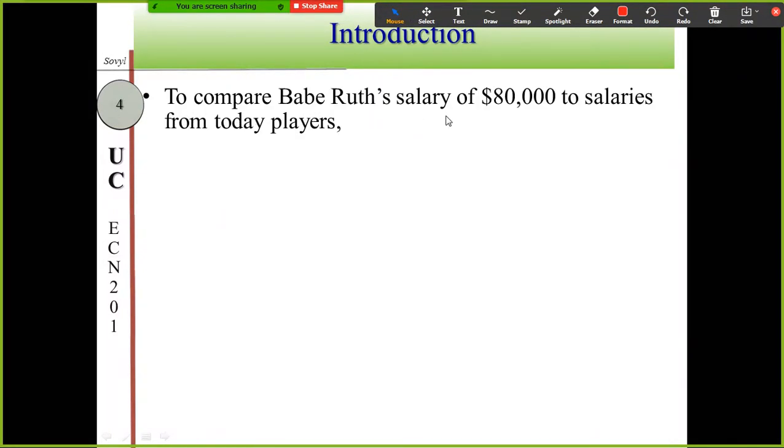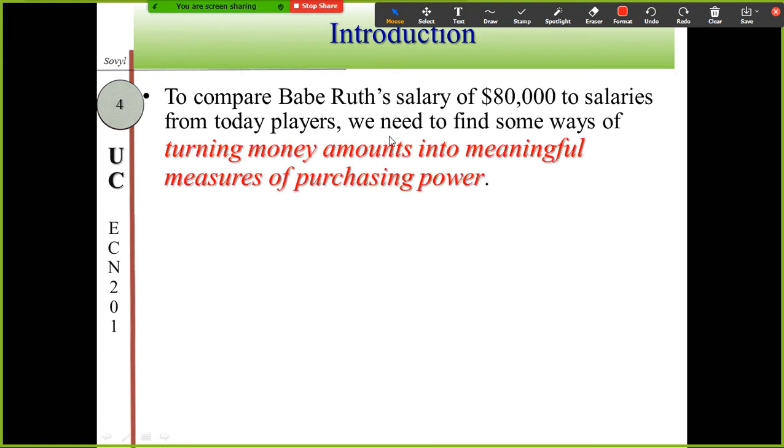To compare Babe Ruth's salary of $80,000 to salaries of today's players, 2000s players and 2010s players, we need to find some methods or strategies of turning nominal income, money income, into meaningful measures of purchasing power.